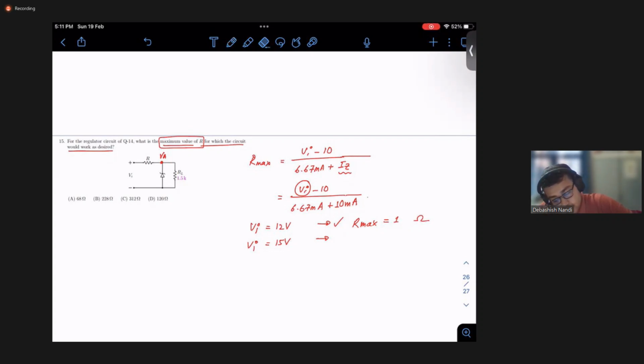And this R max would be your 5 divided by 16.67, it is around 300 ohm.